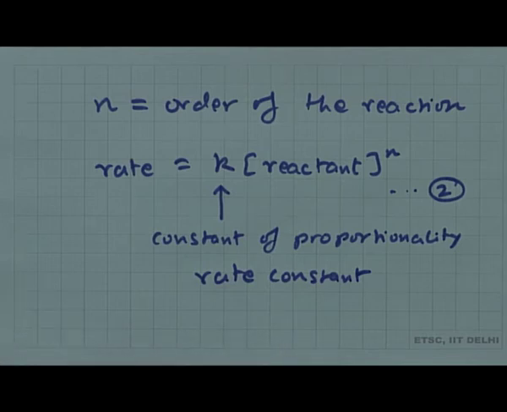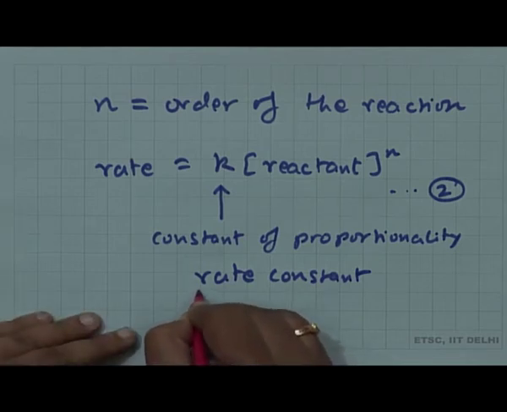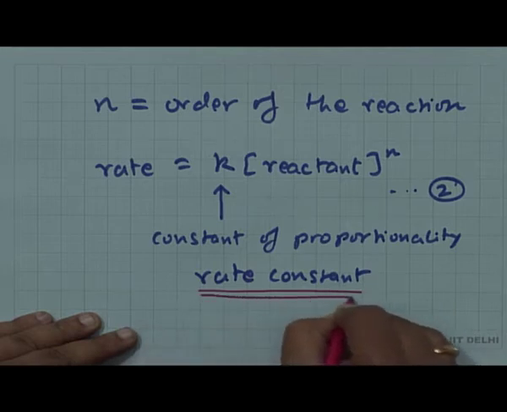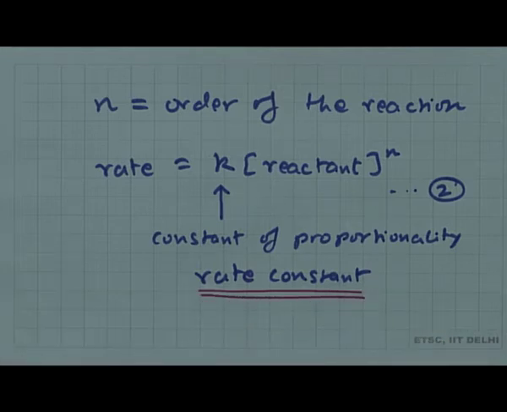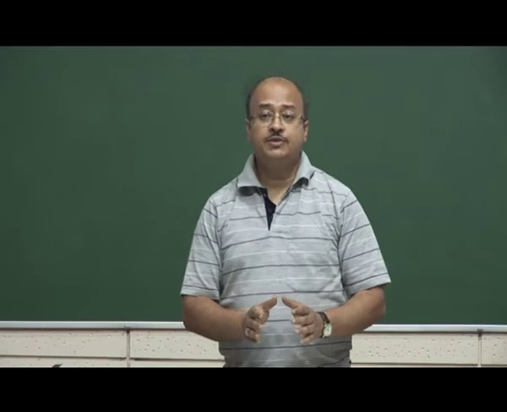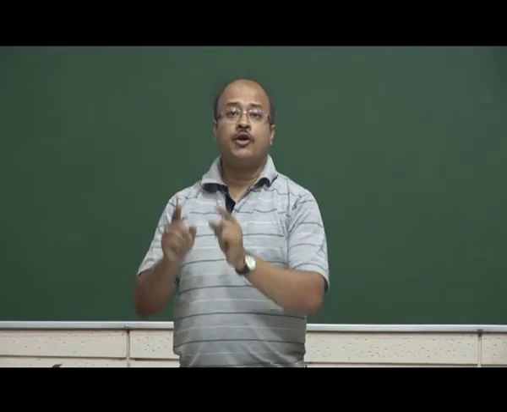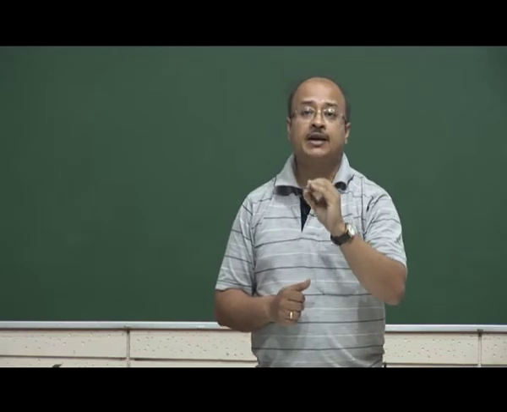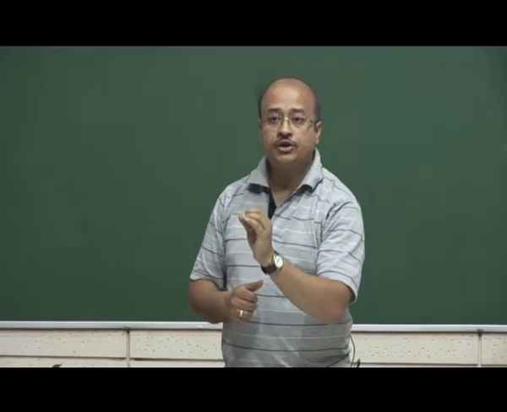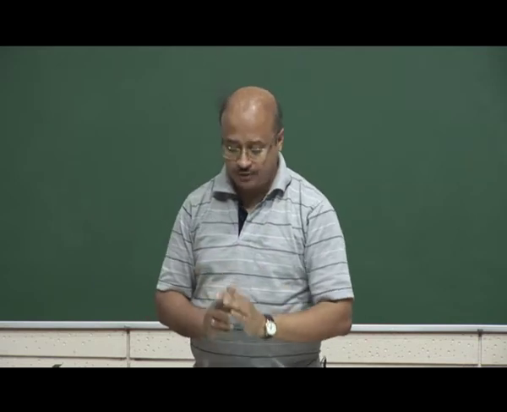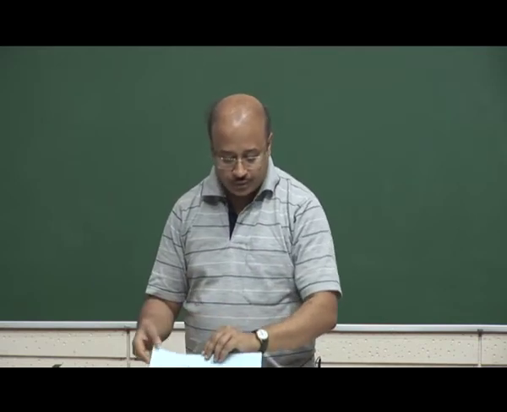Again, this is a very important term in chemical kinetics, which is the rate constant. So, what is then rate equal to? Rate is equal to the rate constant K times the concentration of the reactant raised to the power n, which is the order which tells us the exact nature of the variation of the reaction rate as a function of the concentration of the reactant.